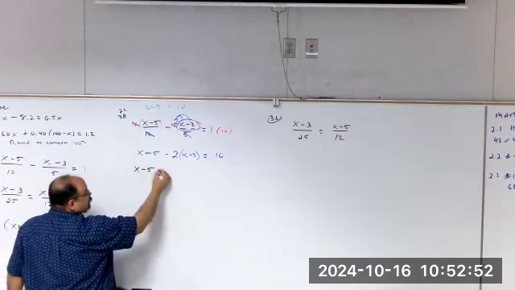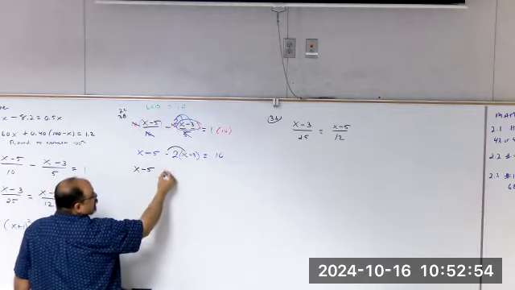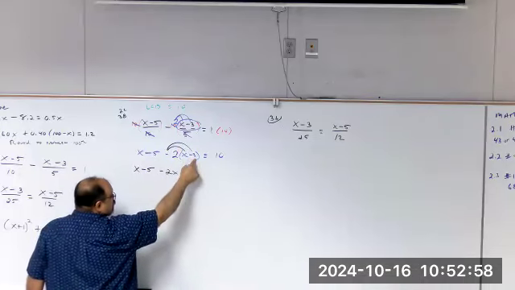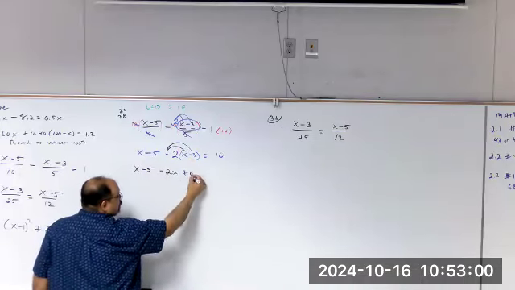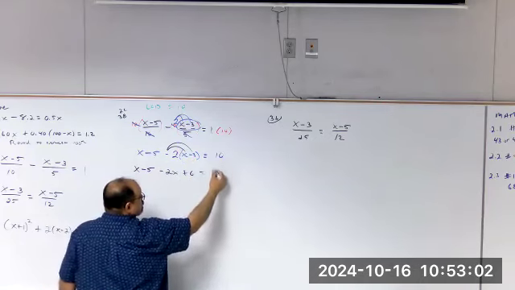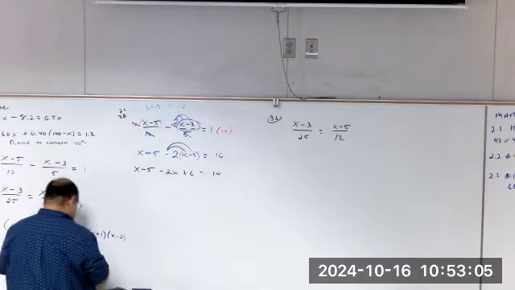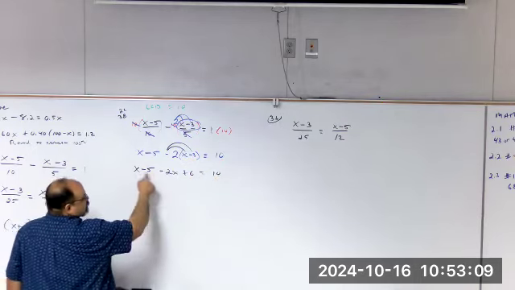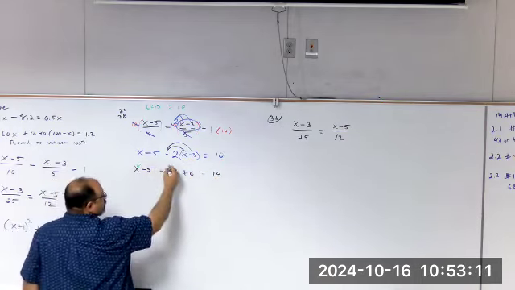X minus 5, negative 2 times x is negative 2x. Negative 2 times negative 3 is a positive 6 equals 10. X minus 2x. What is x minus 2x?